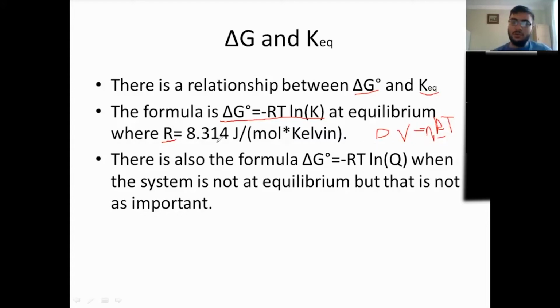On the exam, whenever you have R, remember R is in joules. So if you have a delta G or delta H in kilojoules, you have to convert kilojoules to joules, or joules to kilojoules, either way. But notice that R is always in joules.